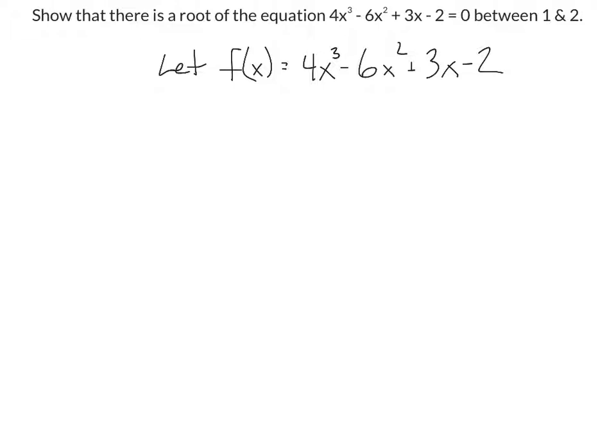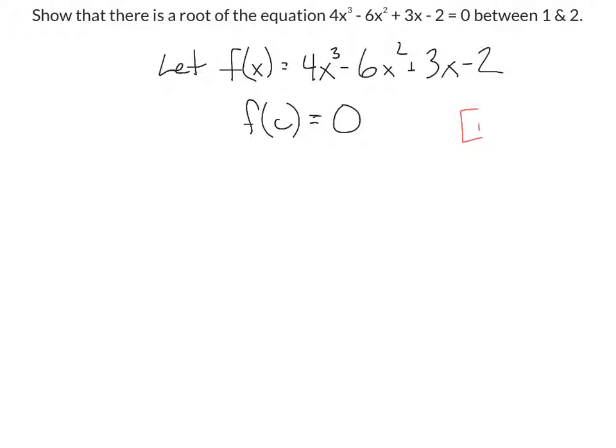So for this to be a root, what we need is for some number c such that f of c, so we're going to plug some number c in for x, and the result needs to be 0. So considering my interval here of from 1 to 2, my function is a polynomial function. So I know that it's continuous everywhere.